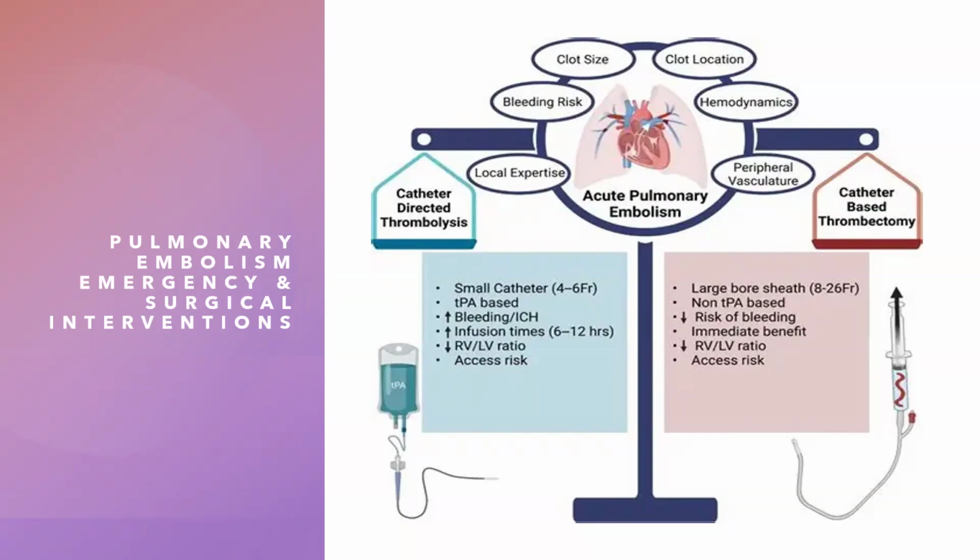Thrombolytic agents such as alteplase, A-L-T-E-P-L-A-S-E. Again, I mentioned the kinase, ASE. That's what we're talking about. All of these are types of thrombolytic agents, and Retavase is one of the others. Again, more meds, more meds, more meds.